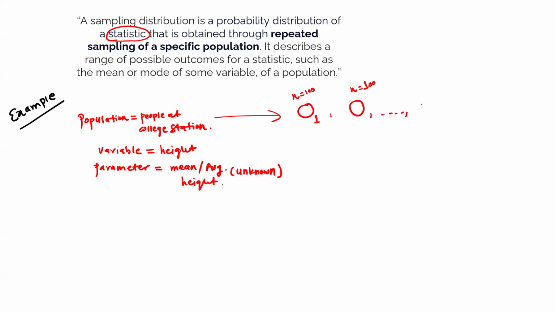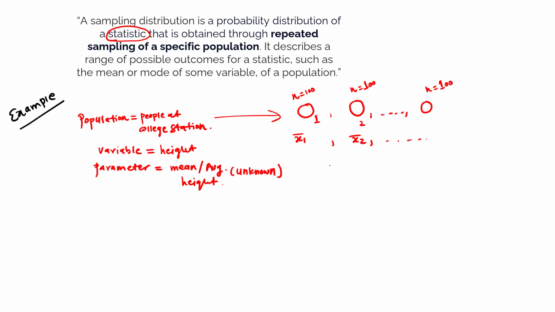So you have a bunch of samples like this, 1, 2, and many. From each of these samples, you can get a statistic, right? Your statistic is the mean height. So you can get x1 bar, x2 bar, and so on. And the distribution of these statistics is called the sampling distribution.